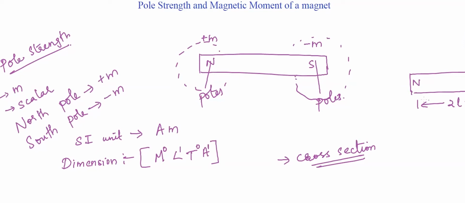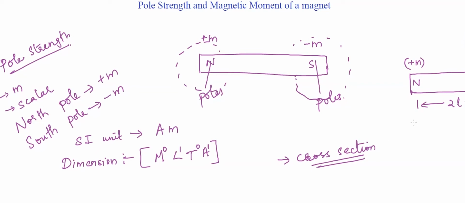So it is denoted as 2L here. If you consider this particular bar magnet, let us write the pole strength of that. It is plus m and minus m.